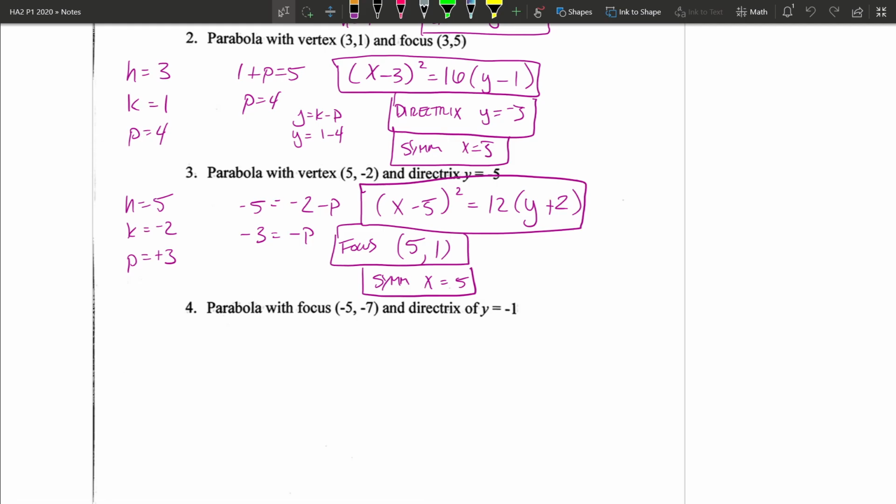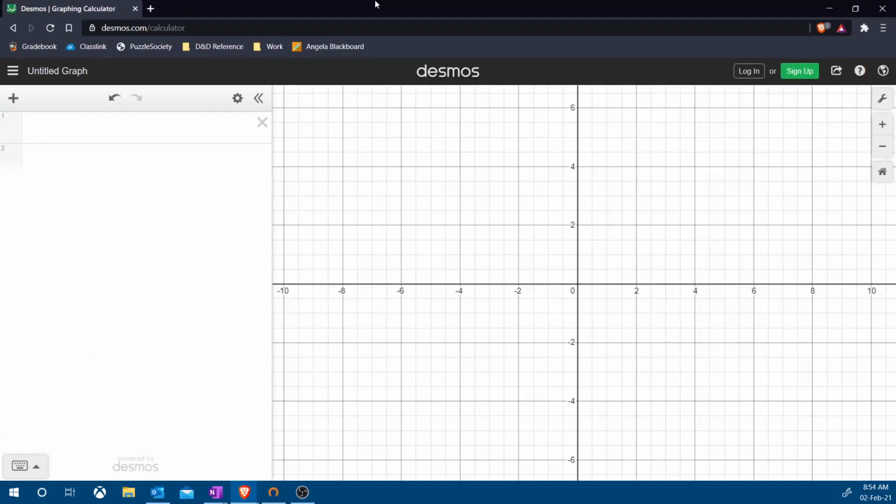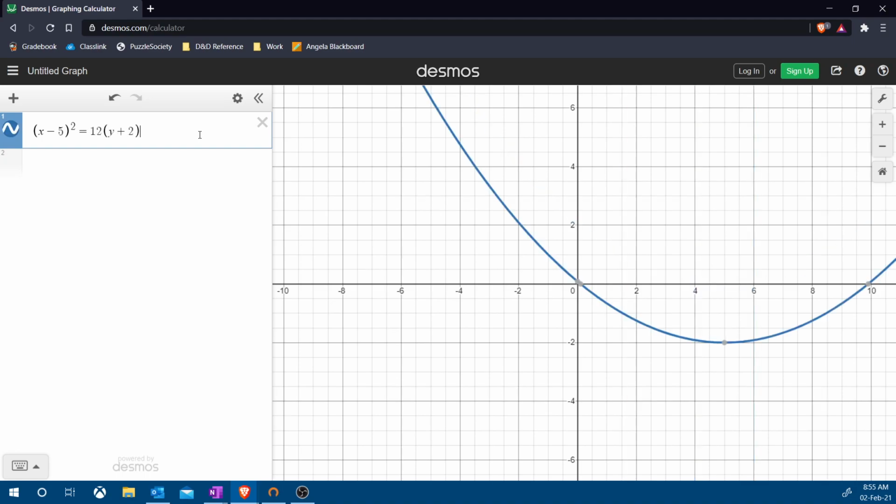Okay, I'm going to double check my work in Desmos. Make sure I haven't lost it. (X minus 5) squared equals 12 times (y plus 2). And we said our focus was (5, 1), x equals 5.